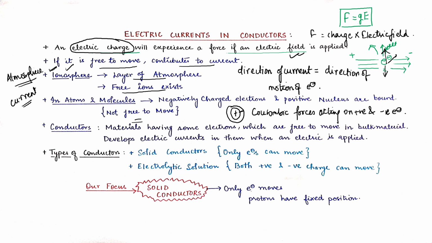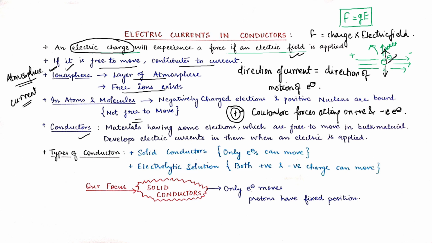So they are not free to move. But as soon as we go to higher atomic number atoms, the outermost electron is quite free to move. If we provide slight energy to the electron in the last orbit, it will jump out of its orbit.